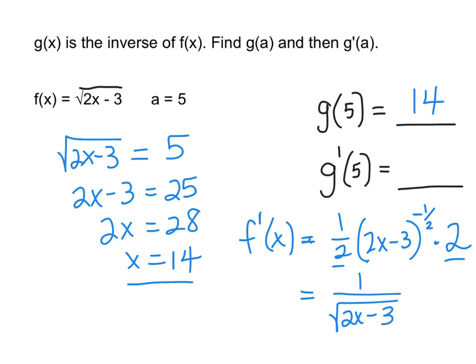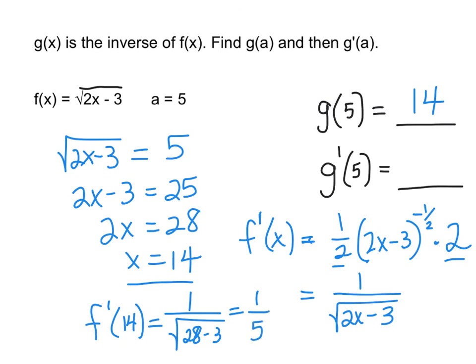Now, what did I find x to be? Well, I found x to be 14. So f prime of 14 is 1 over the square root of 28 minus 3, which is 25, so 1/5. That's the derivative at 14. So what's the derivative of the inverse? Well, they're reciprocals of each other. So it's 5.